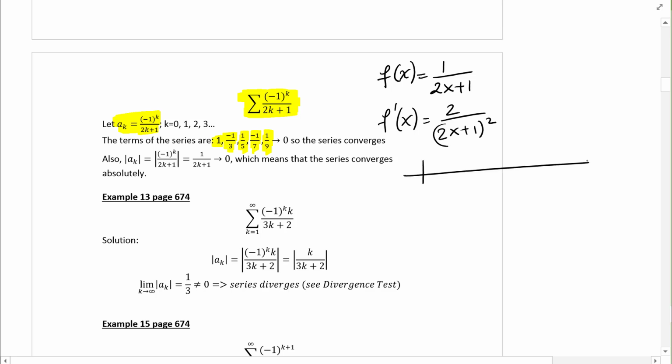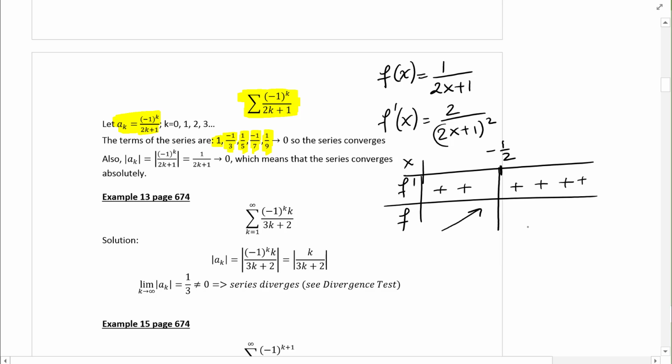And if I make a table of values for x, f prime and f to figure out where it is increasing or decreasing, I have negative 1/2 as a vertical asymptote, and f prime is positive everywhere. Just look at the function, it's all squared and all positive. So the function is increasing and then it's increasing again.